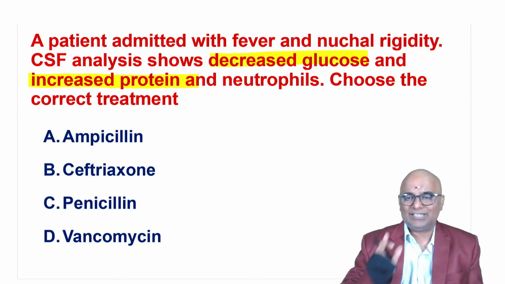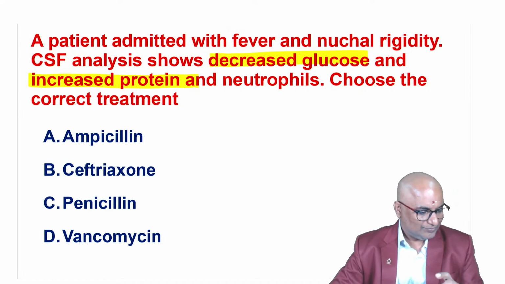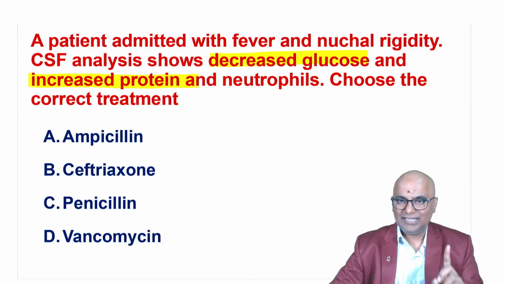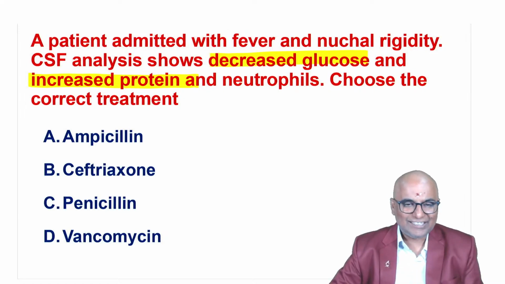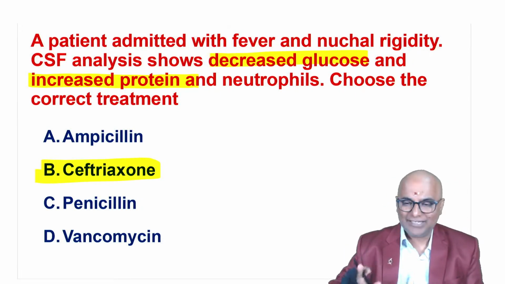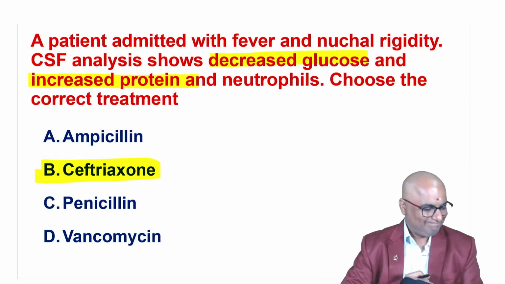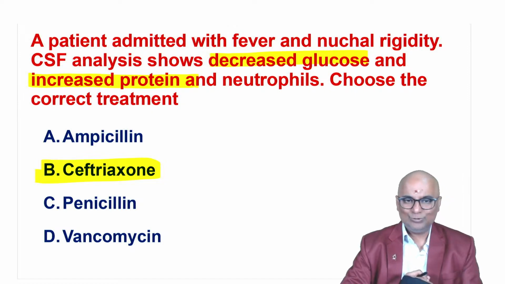Any bacterial meningitis, remember in my class I used to tell some common things. Any bacterial meningitis, the treatment is ceftriaxone, current treatment. Any atypical pneumonia, A for A, treatment azithromycin. Like that I give some clues to you. These clues are very important.